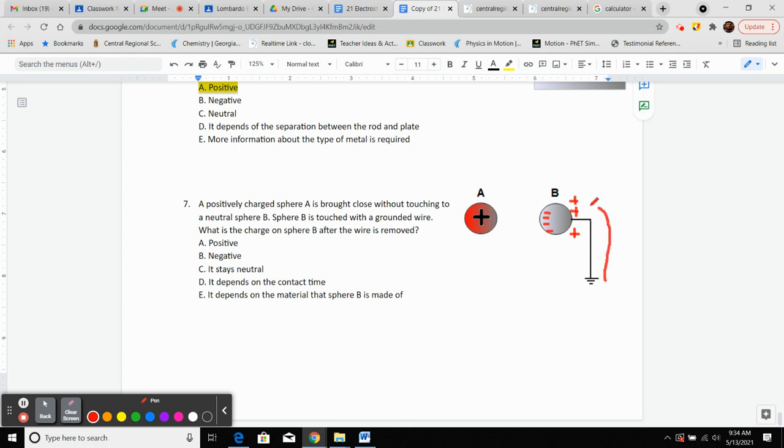I would have to add electrons. Does that make sense? So by adding these extra electrons here, and then they take the wire away, well, now you have more negatives than you originally did. So B is going to be negatively charged.